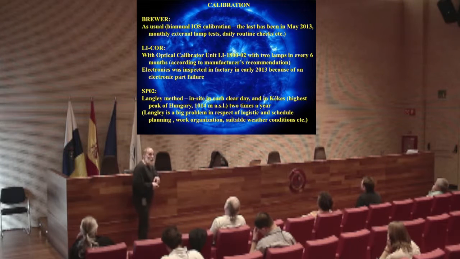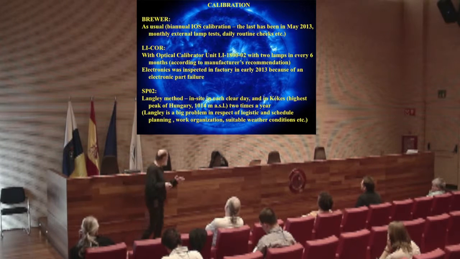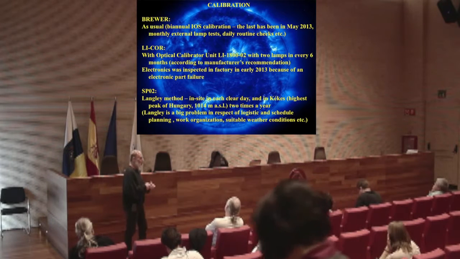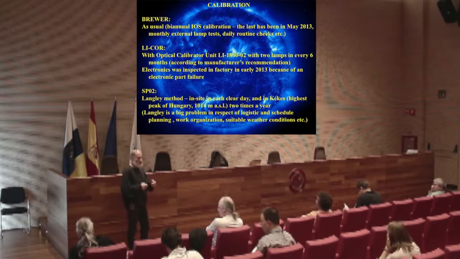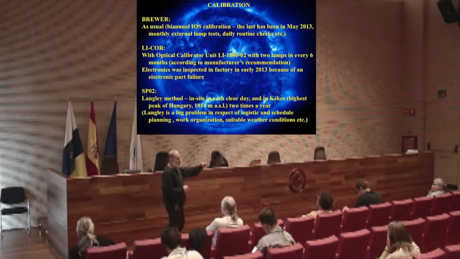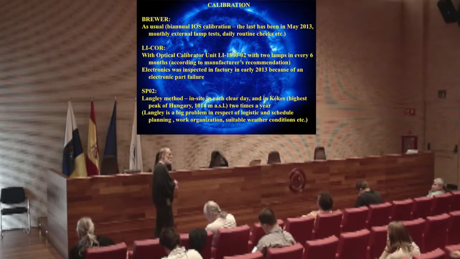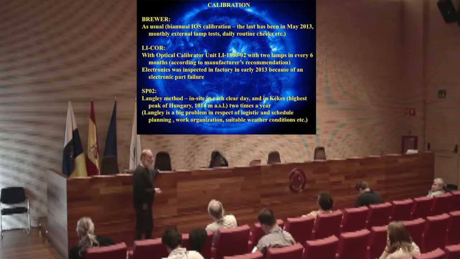But the Langley on Kékes peak is relatively good. In Budapest, the method is a quasi-automatic Langley: if we have a very clear day in Budapest, an automated Langley is performed, and the results are inserted into the calculations immediately.